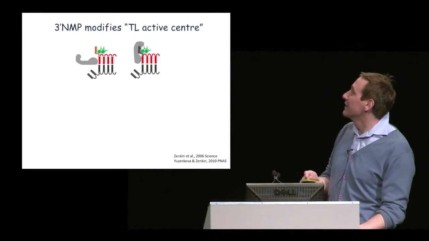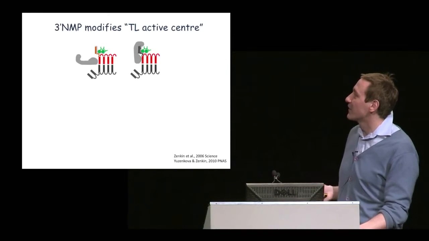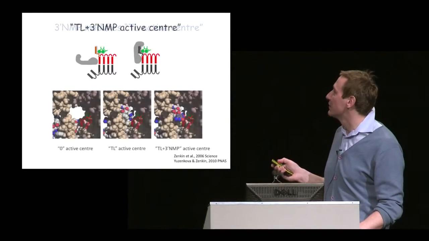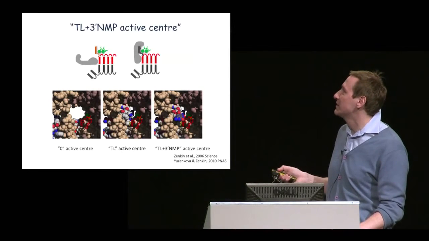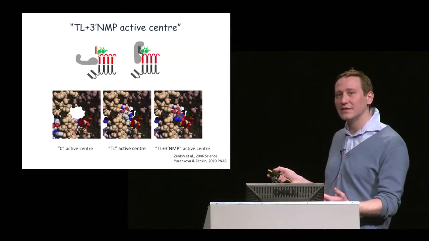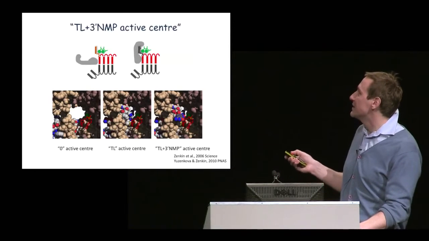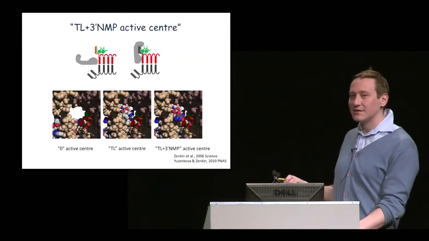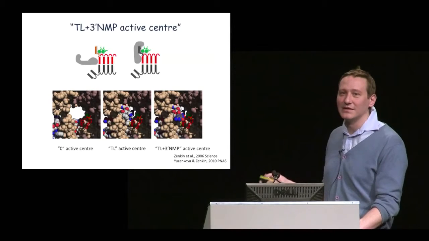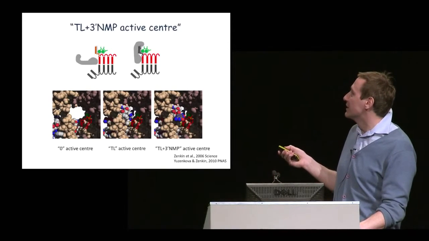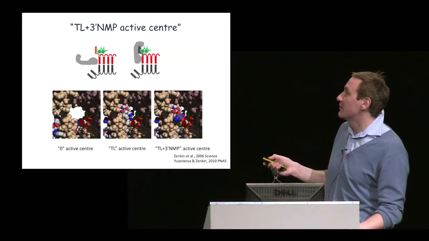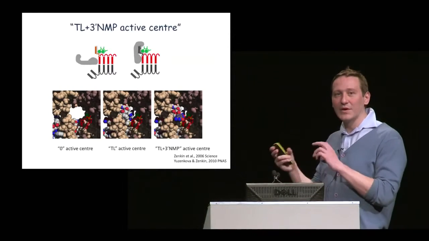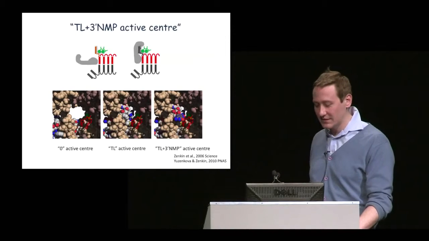And it will be more obvious on the structural picture. So again, the open active center, the trigger loop active center that catalyzes the synthesis of RNA, and this is the trigger loop plus 3' end nucleotide of the RNA active center. And the nucleotide is in dark gray here. And you see the marked differences in the chemical groups that make up the active center.